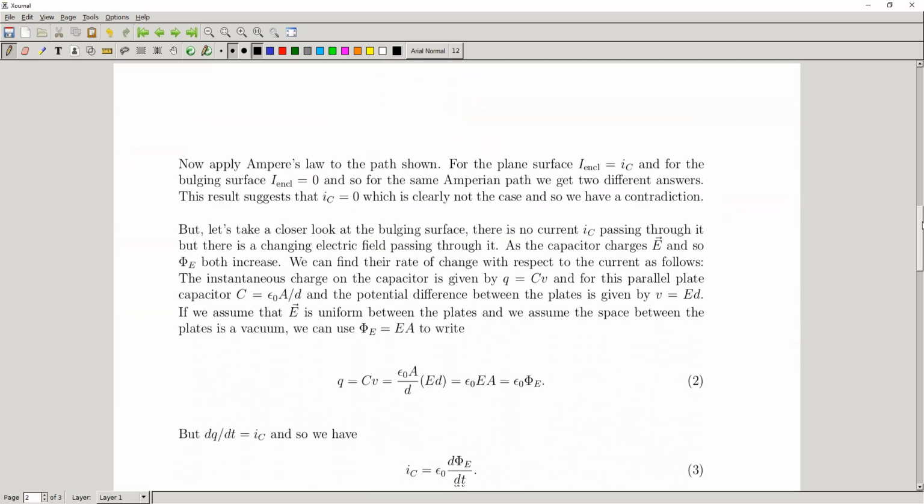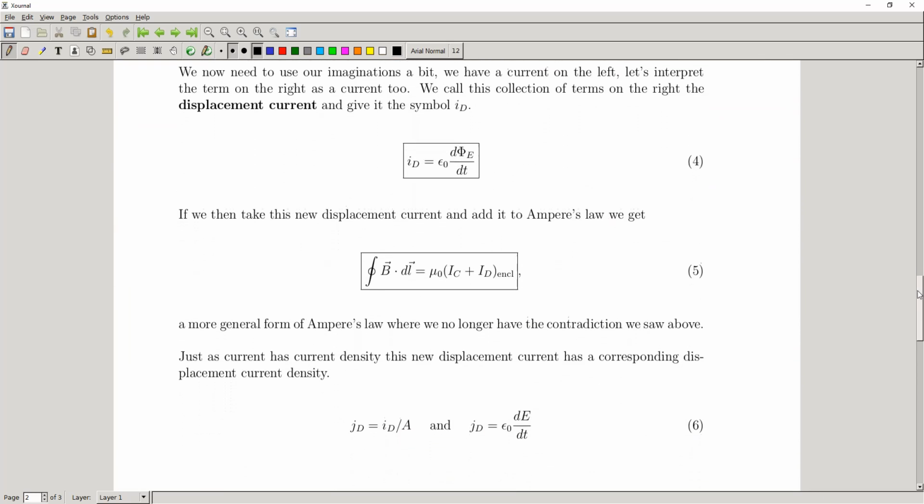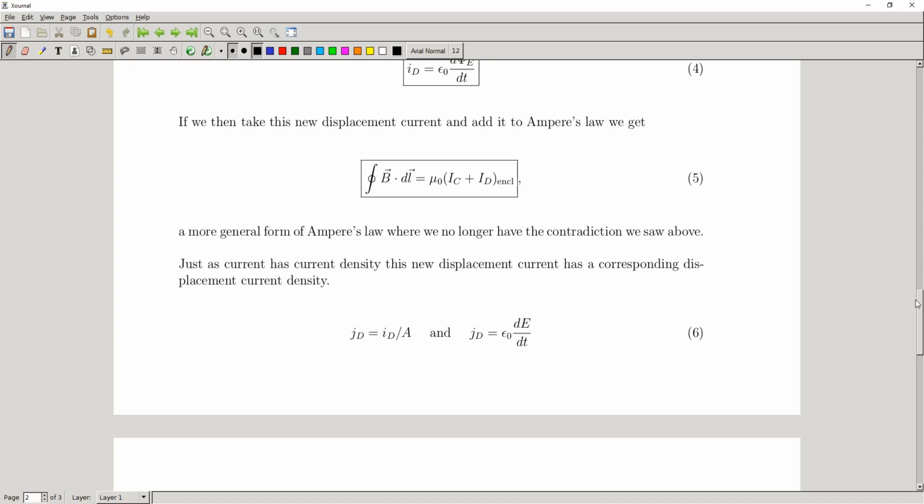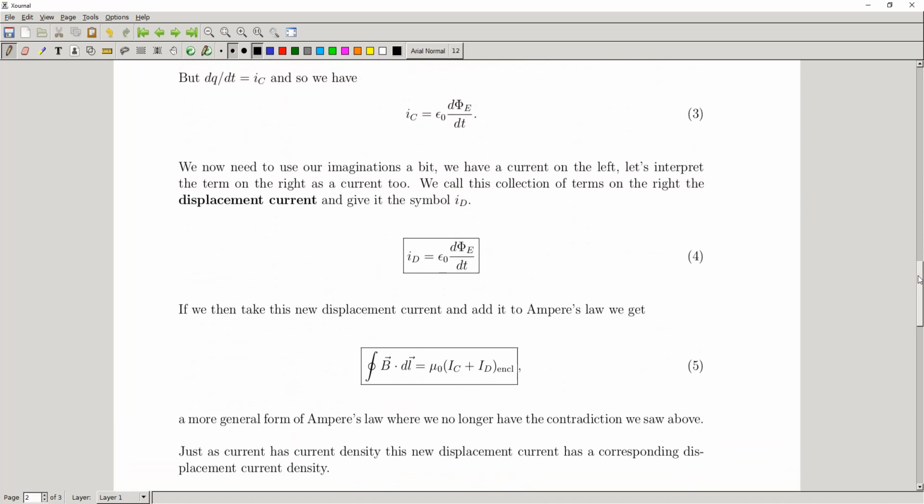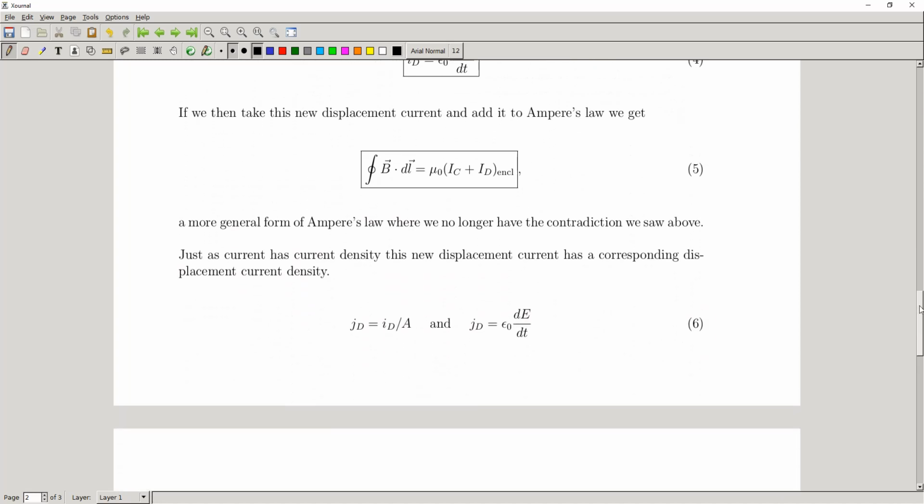And so that's great. We've rescued Ampere's law, and in the process, we've built up this idea of a displacement current, which can be used here and in other places.